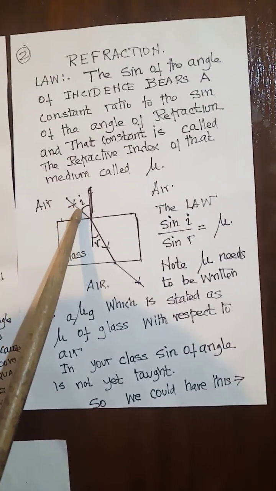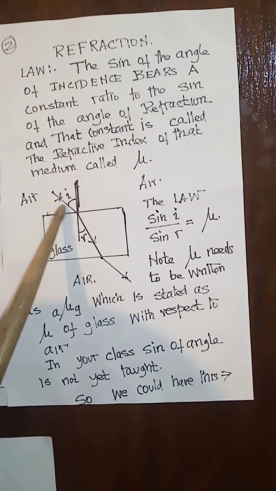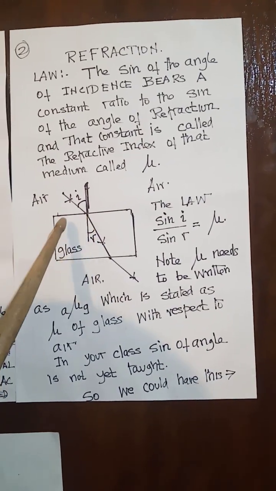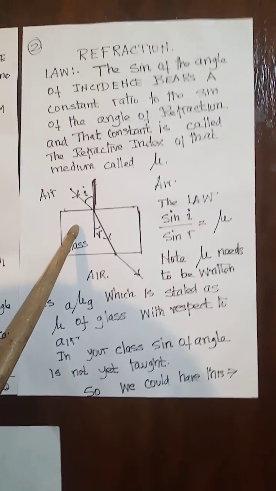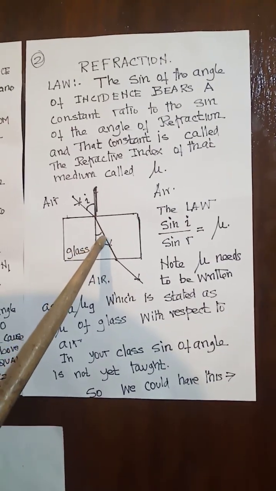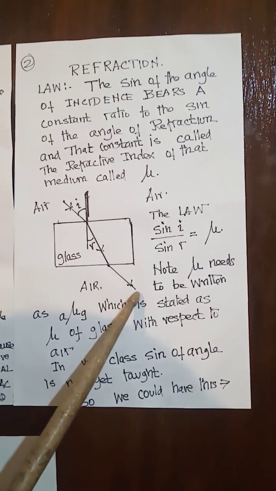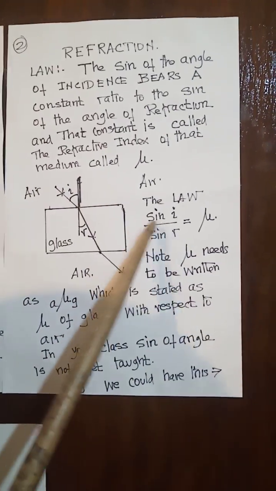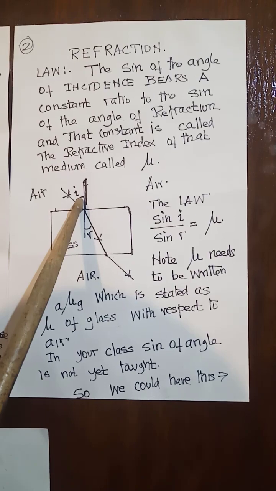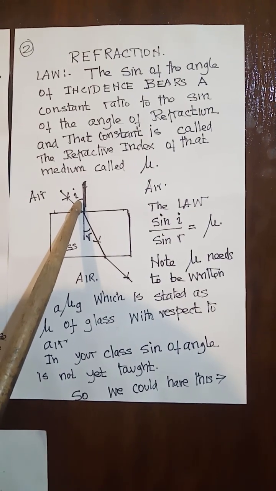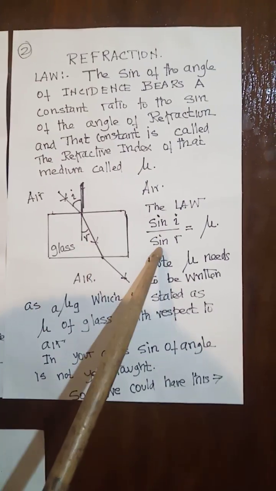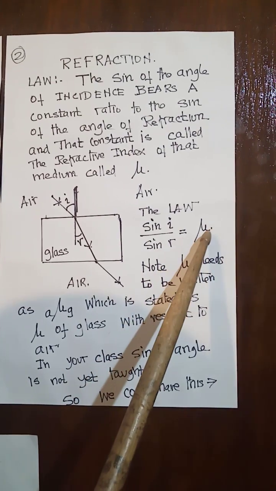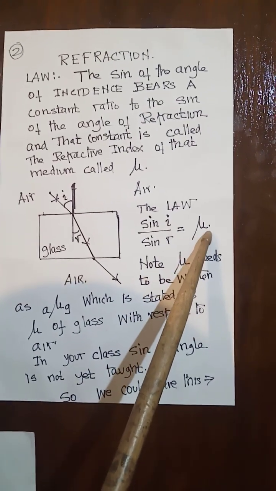Angle of incidence is here, this is the ray, and then because this is rarer, this is denser, it will bend in this way, and this one will be parallel to this. If you draw the line, you see parallel. And the law is sine of the angle of incidence to the sine of the angle of refraction is a constant, and it is known as mu.